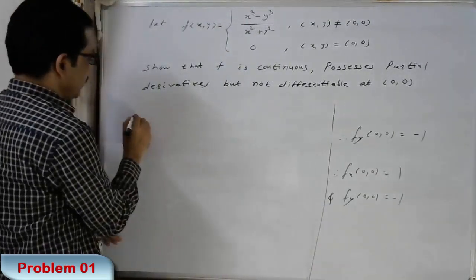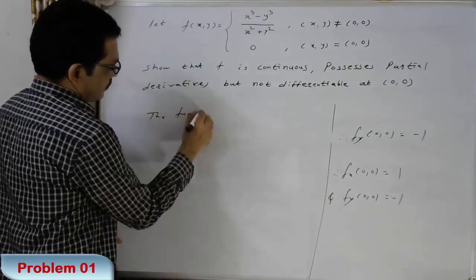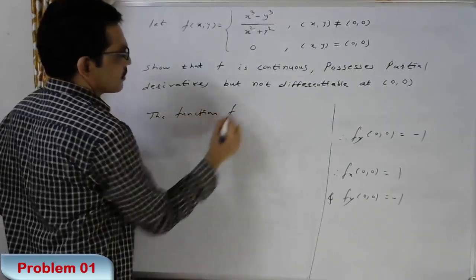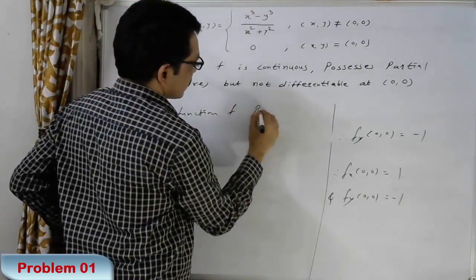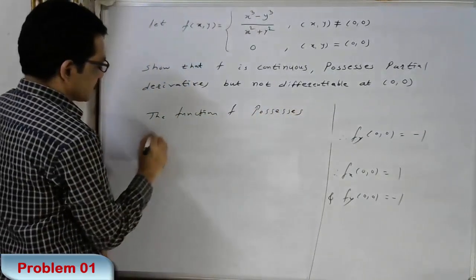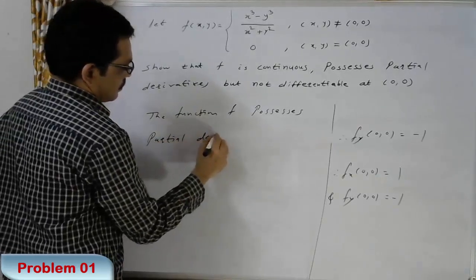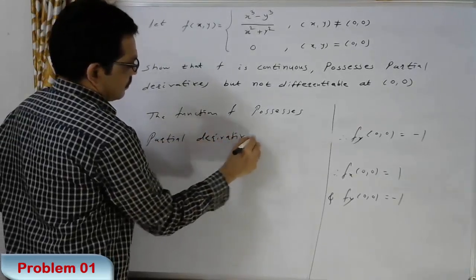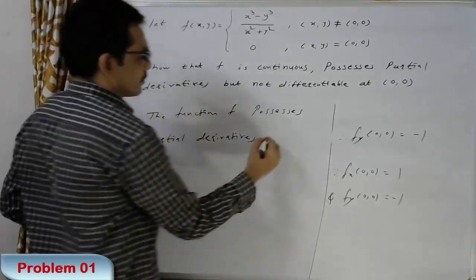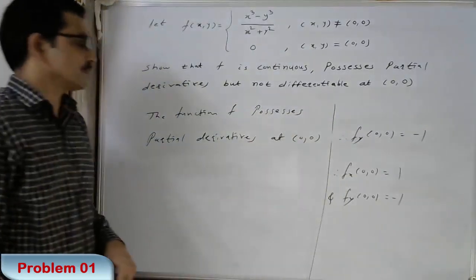Therefore, we write that the function f possesses partial derivatives at the point (0, 0).